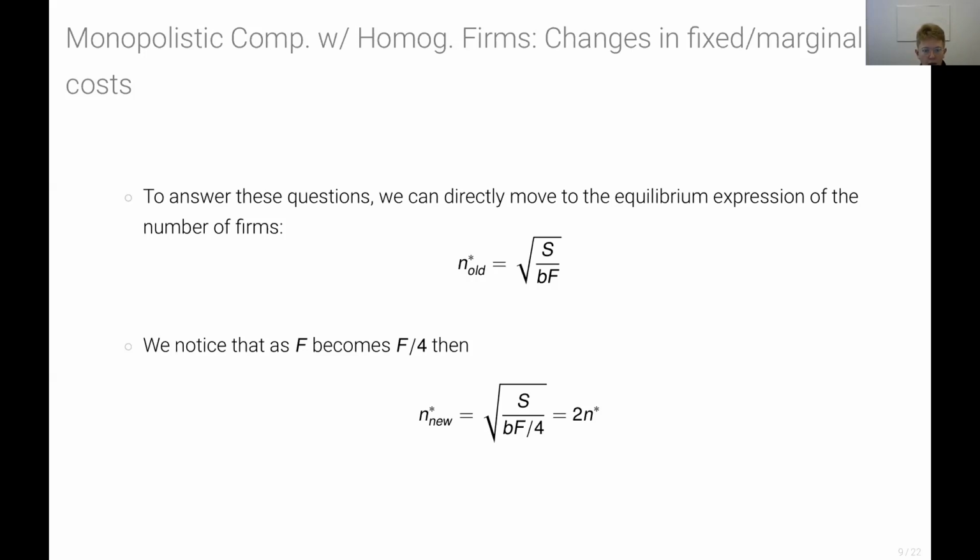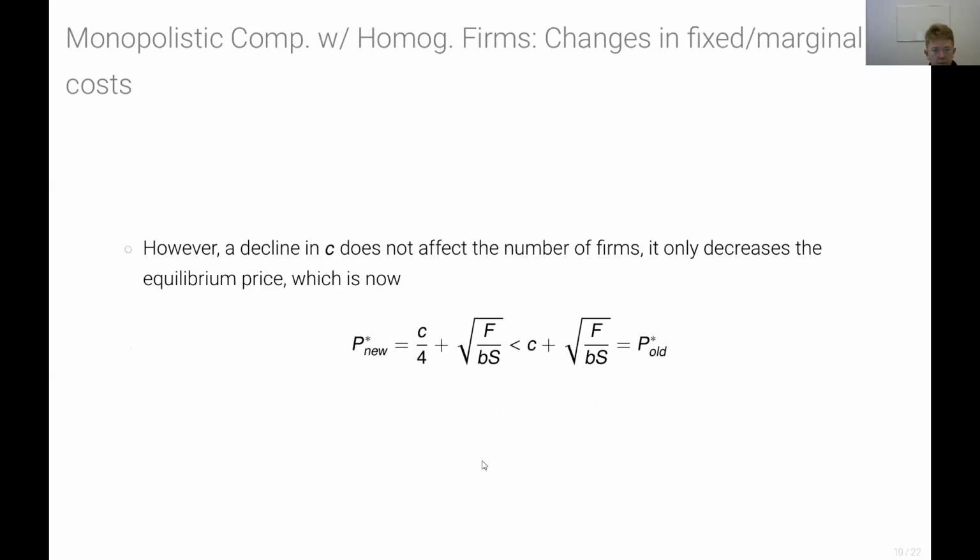So the 2 is going to come out, and we should have 2 times the square root of S over BF. And so then, of course, we had the square root of S over BF initially, and so now the new number of firms is equal to double the number of firms that were there initially.